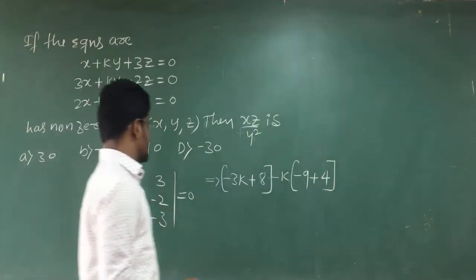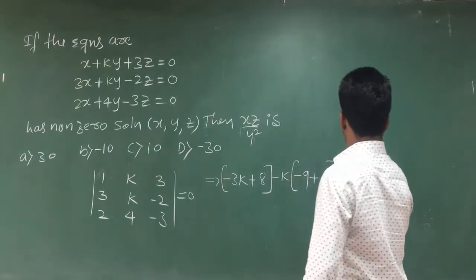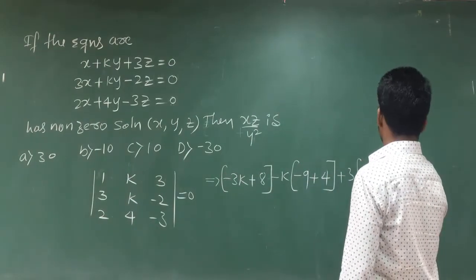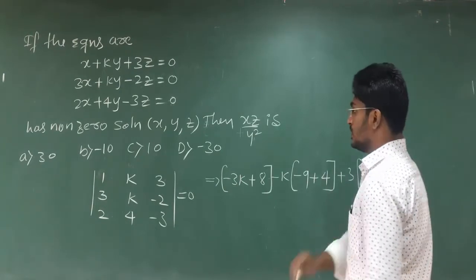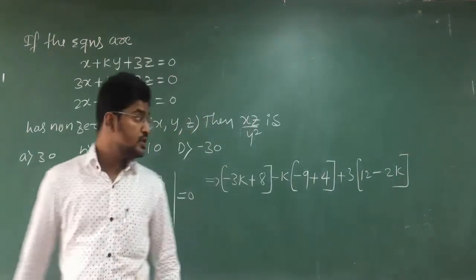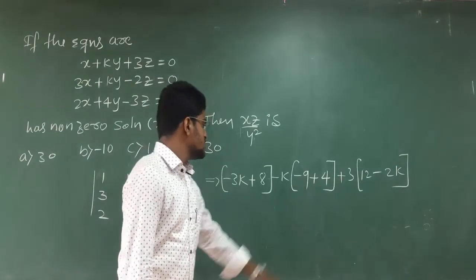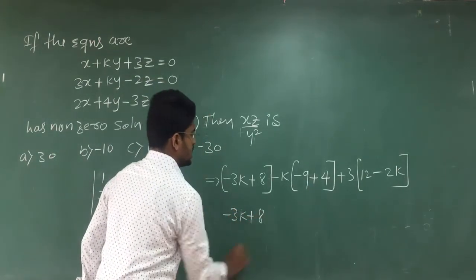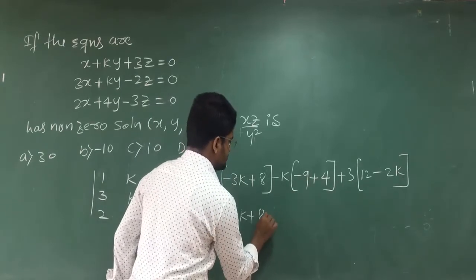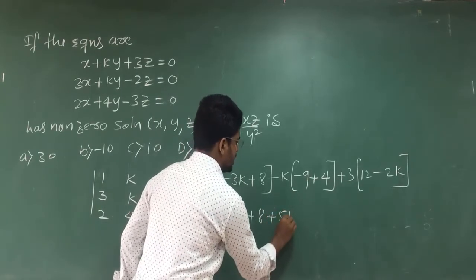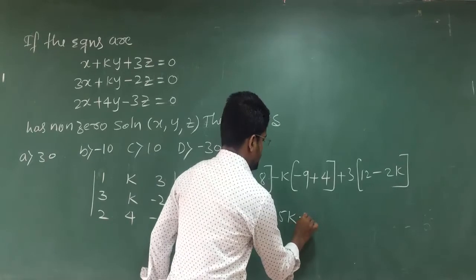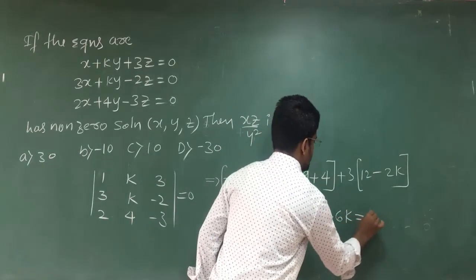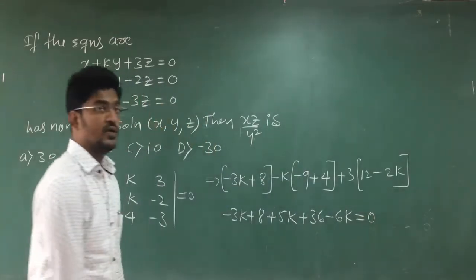Next, plus 3 times of 12 minus 2k. Therefore, this is minus 5, no problem. Minus 3k plus 8. This will be minus 5, minus into minus, plus 5k, plus 36 minus 6k equal to 0. Okay.